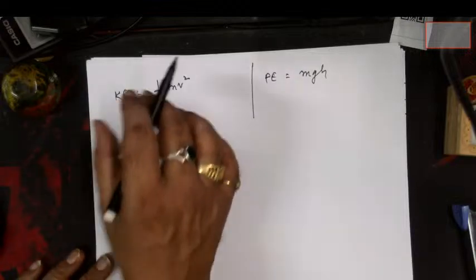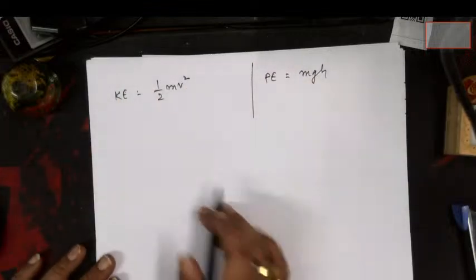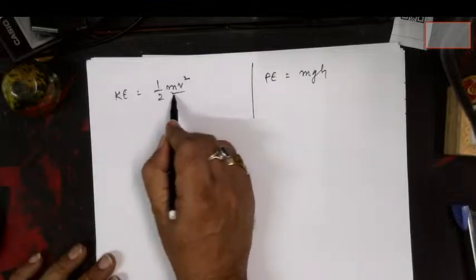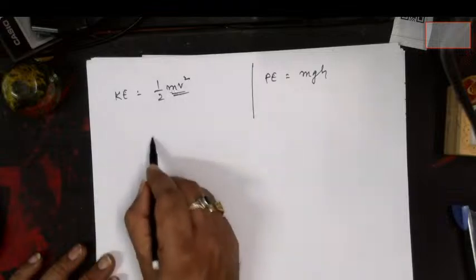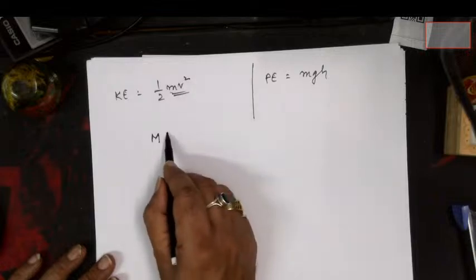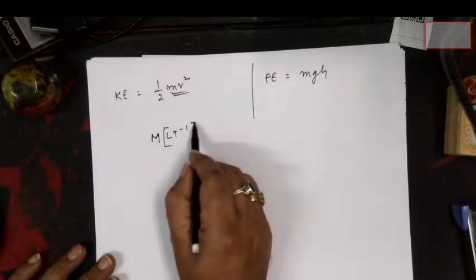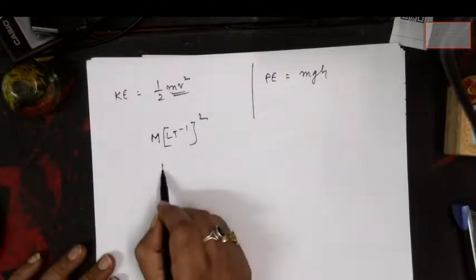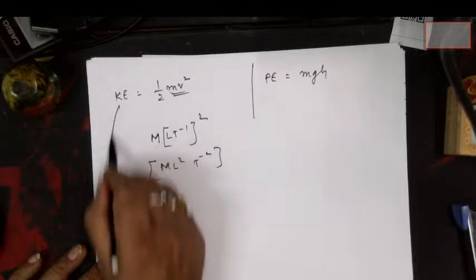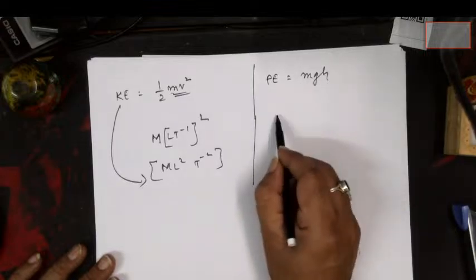Now both of them are energy, means they should have some common dimensions. Let me check this one. Forget about this half. Let me take only the parameters. M means M. V means LT power minus 1 whole square. Therefore, ML square T power minus 2 is the kinetic energy. Now let us check this potential energy. Potential energy, m.